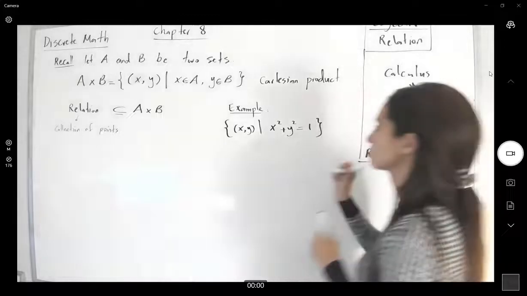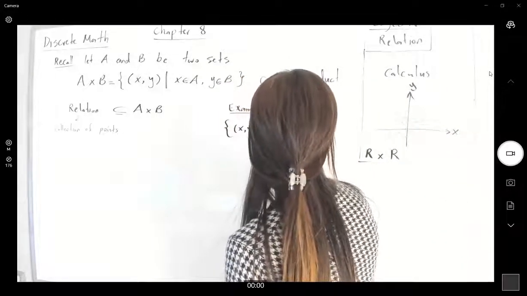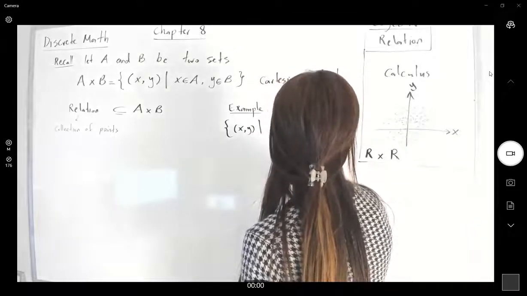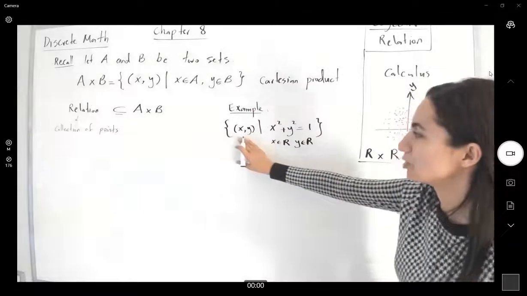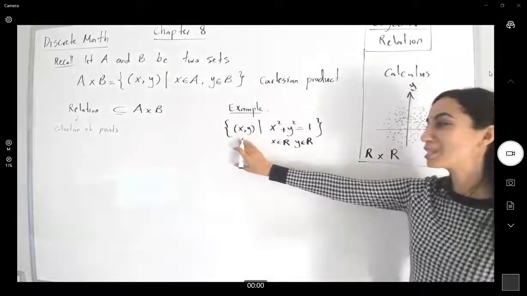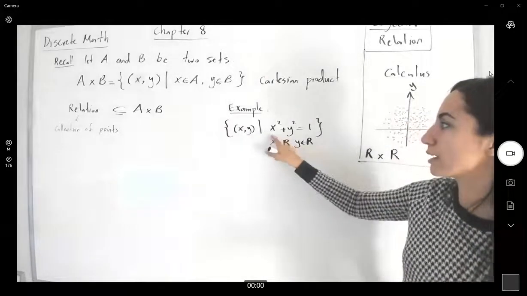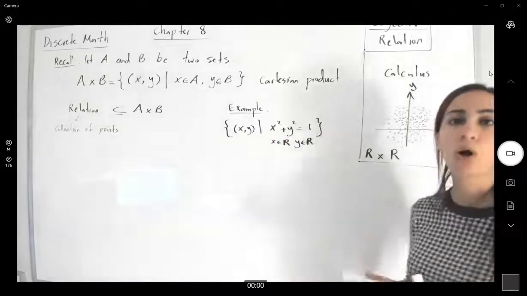I suppose this is in R, x in R, y in R. Otherwise, you have some dots in the XY plane. So the collection of all ordered pairs like (x, y) such that if I square x and I square y, their sum is equal to 1.